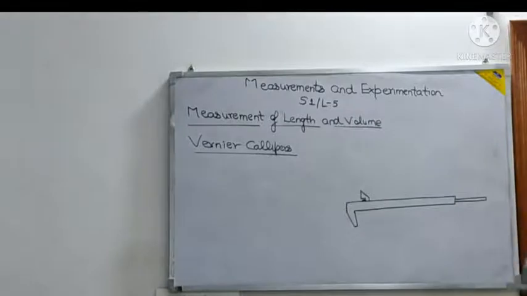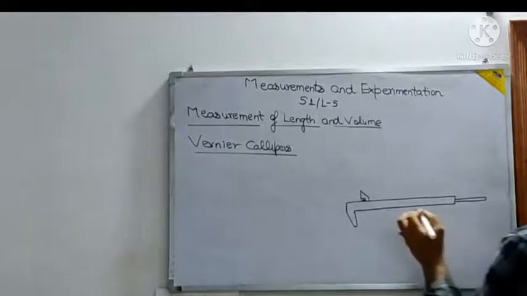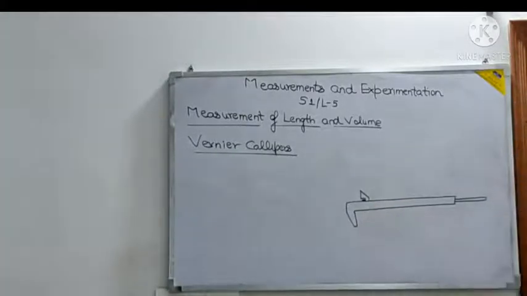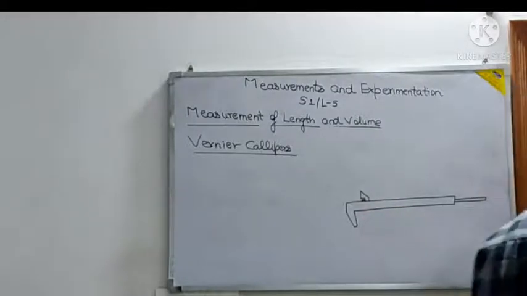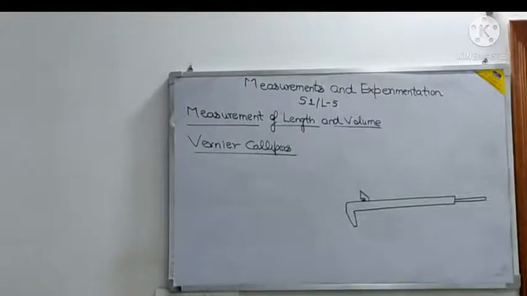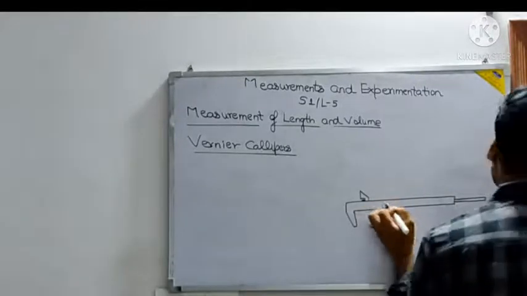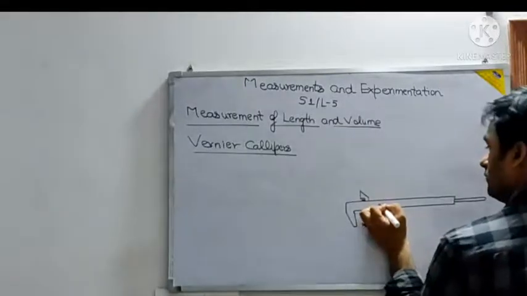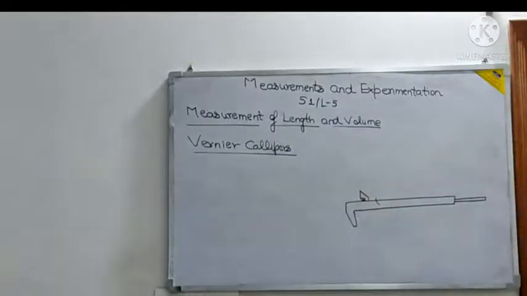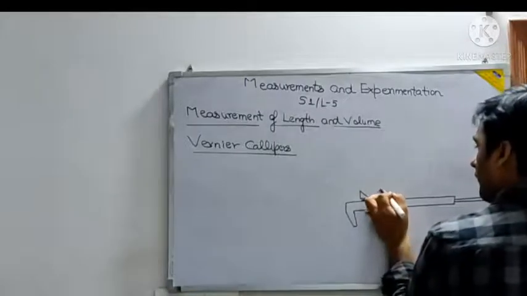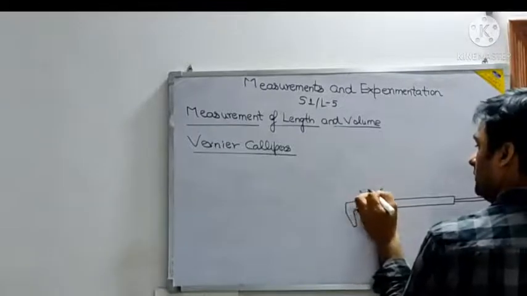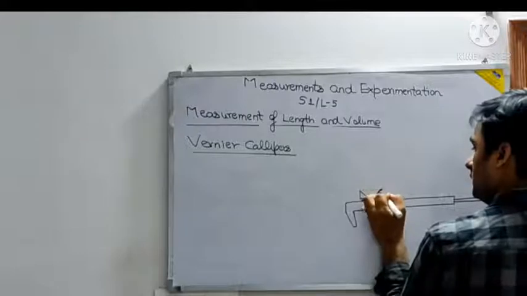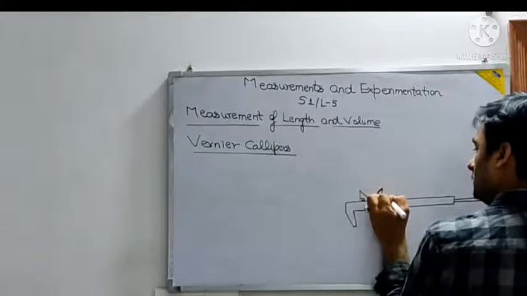Okay. Then we have another scale on this, that is called the vernier scale, and this will be very well within that, on the slide on the scale itself. On the same level this will be, okay.